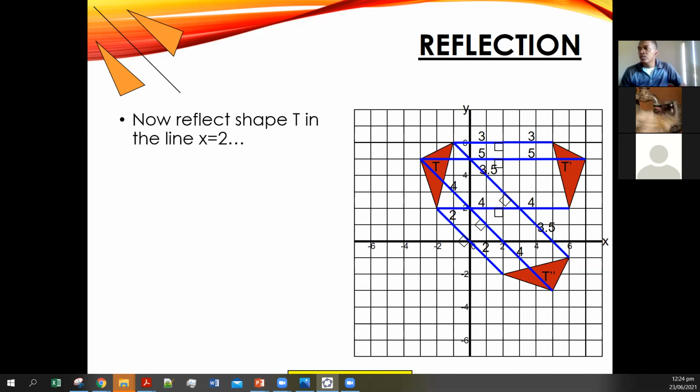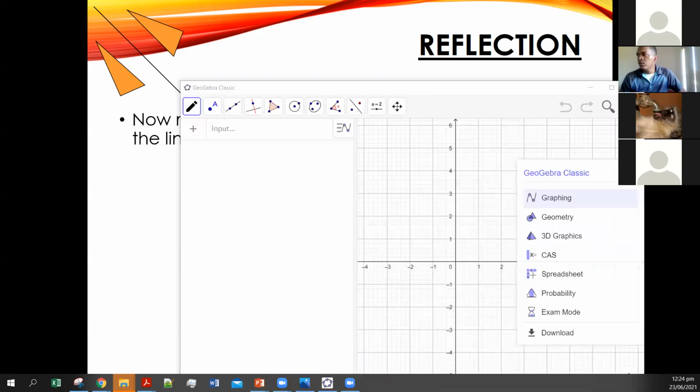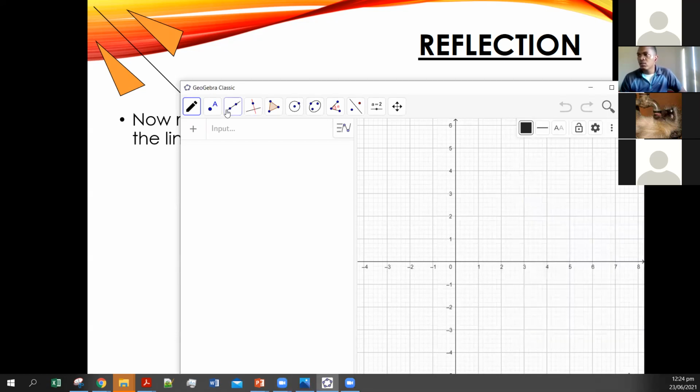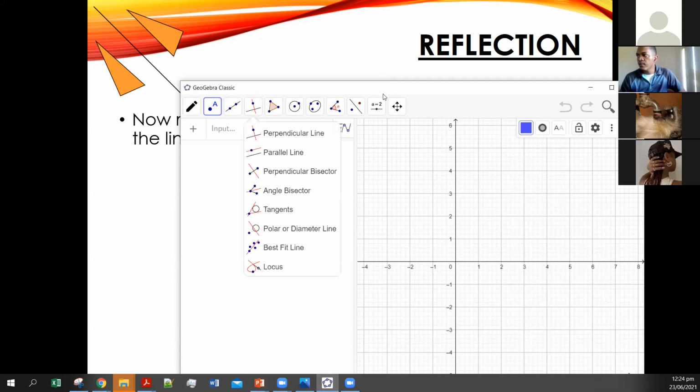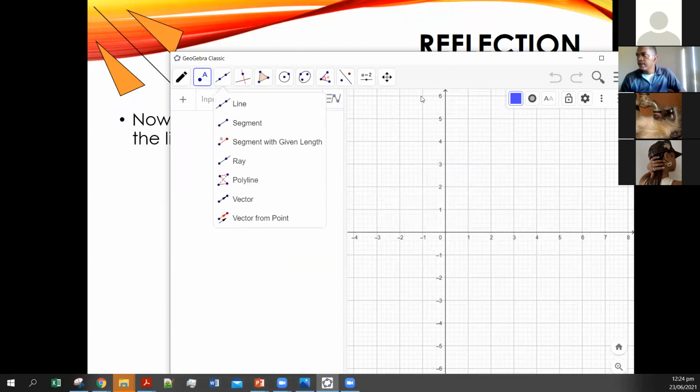So I want to just recreate T quickly. Question: in the exam, when we draw the shapes and stuff now, when we label them, are we supposed to put that thing?